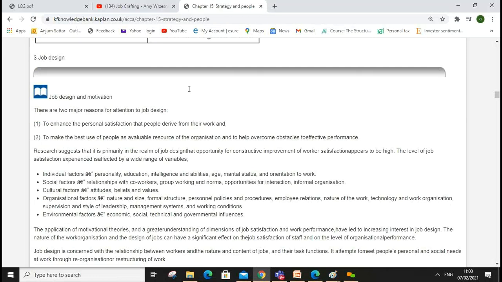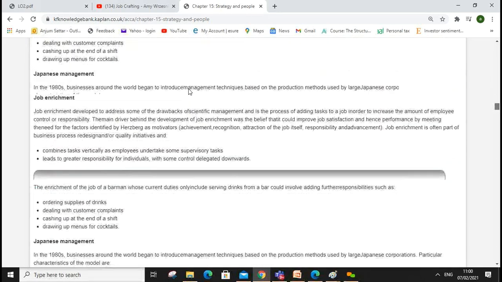There are two major regions of attention to enhance personal satisfaction: the people derive it from the work, and making the best use of valuable people. So we need to make sure the people have the ability and capabilities to do the things. It's quite good to read, please.